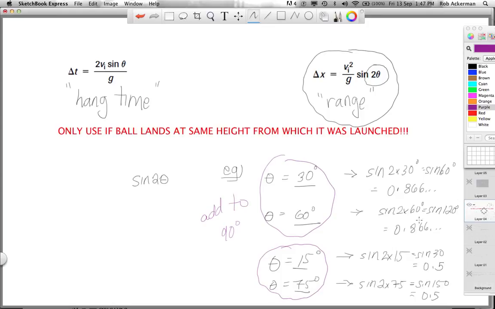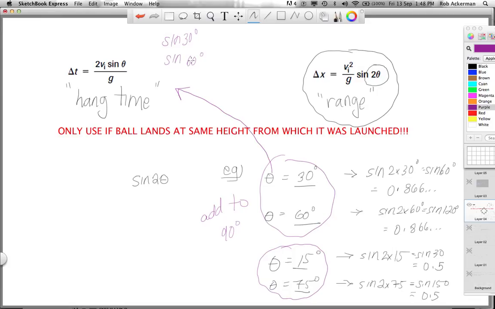Just one thing I will let you in on, a little secret here, or maybe it's not a secret. While there are two angles that give the same range, when you plug these into the hang time formula, notice how you're either going to end up with sine of 30 or sine of 60. 2 is a constant, the initial velocity magnitude is a constant, g is a constant.